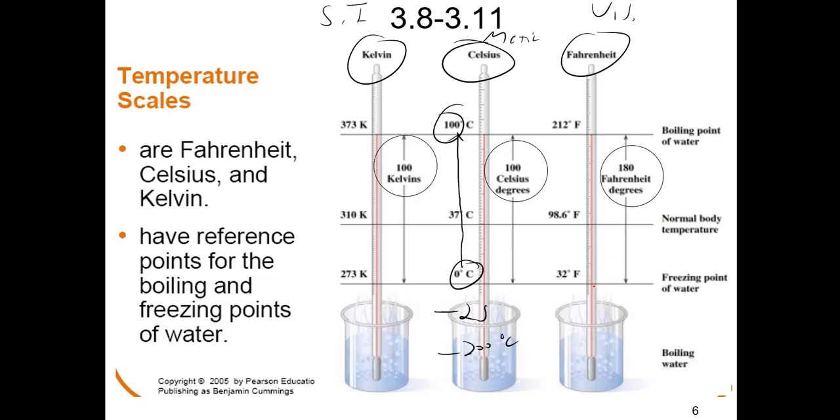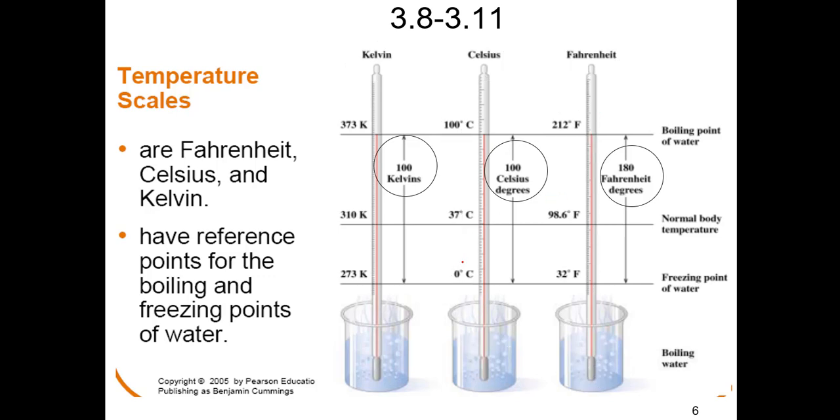Fahrenheit, it's 0 is actually below the freezing point of water, and the boiling point of water, it goes up to 212. So because the values are so arbitrary for Fahrenheit, most people like to use Celsius because we have a nice 100 unit scale, and then serious scientists like to use Kelvin.